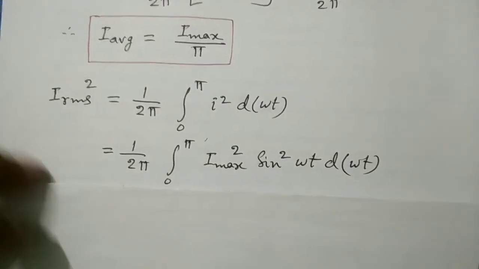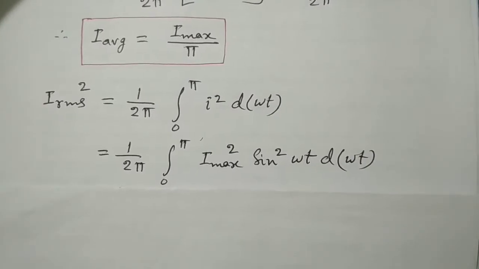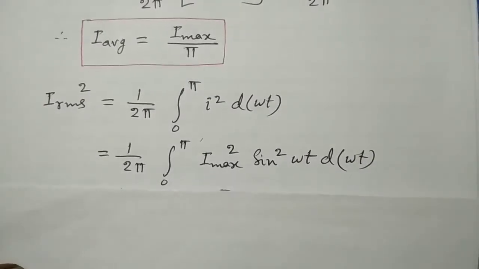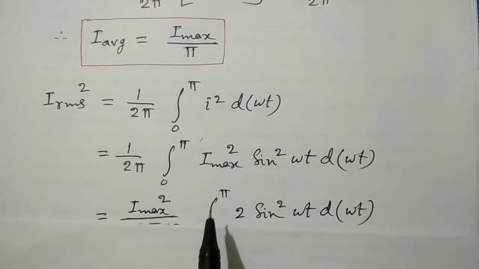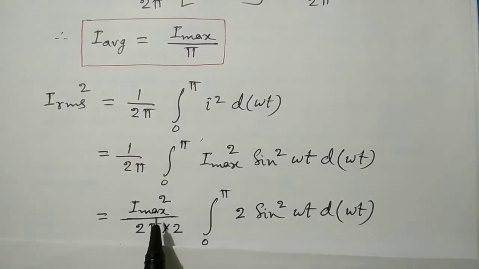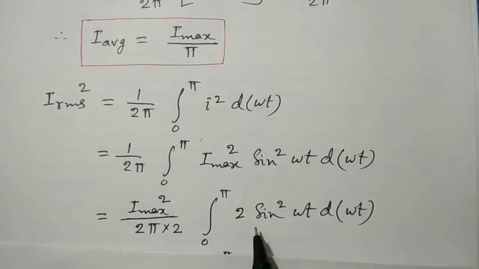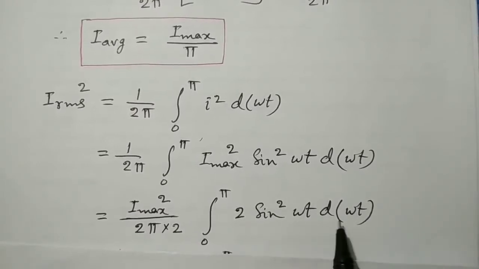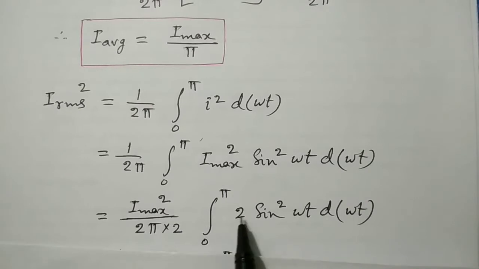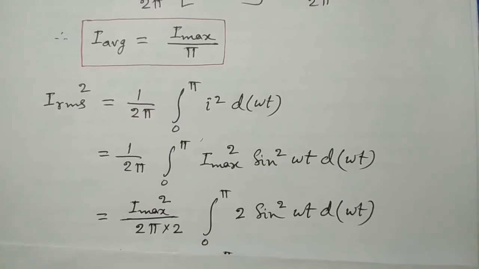So I max square sin square omega t. I max square is constant, so it is taken out. So I max square upon 2 pi, integration 0 to pi of sin square omega t d omega t. Here I multiply the sin square omega t by 2, and here I divide it by 2, so this 2 will be cancelled.